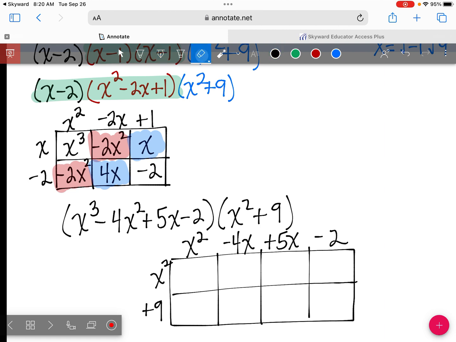I was about to mess up my whole box. That's an x cubed. And that's an x squared. Okay, that's the kind of mistake that'll cost me all my points on my test. You just saved my A. X cubed minus 4x squared plus 5x minus 2. Okay, yep. So now fill in all 8 squares.